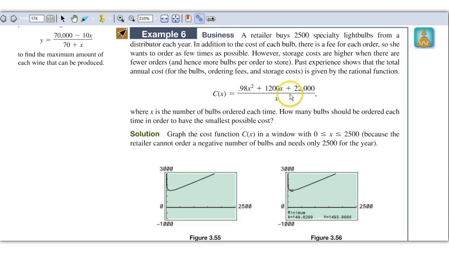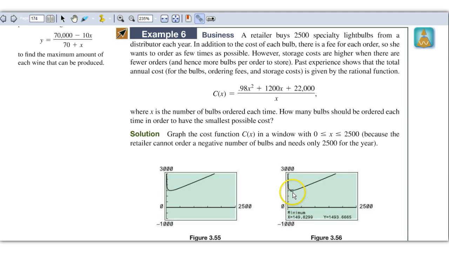And if you were to put that into your calculator and you set your window to the max of 2500, again, you wouldn't have any or 0, you would have none. So it's somewhere between 0 and the max that you need. So taking your tracing function on your graphing calculator, and again, we don't do this, you kind of bring it down to this low point.